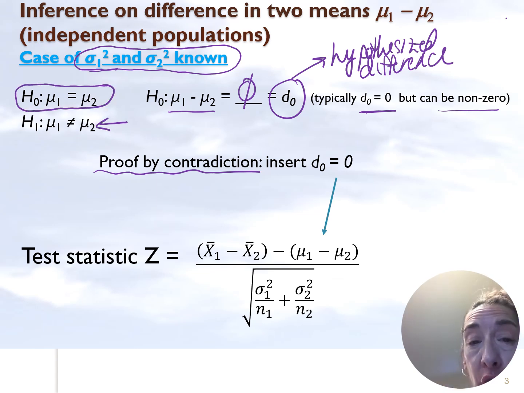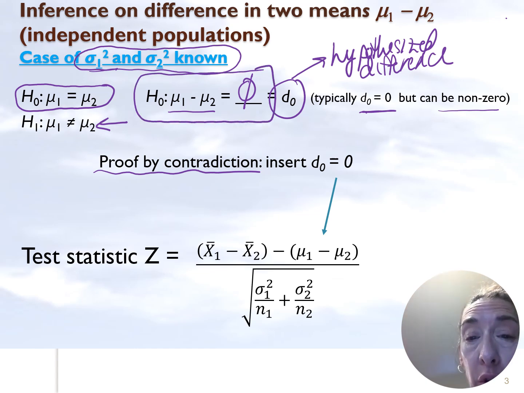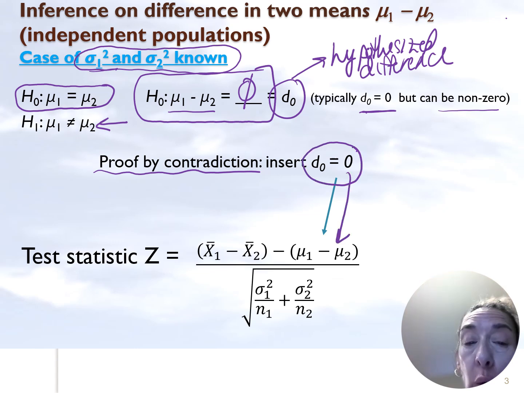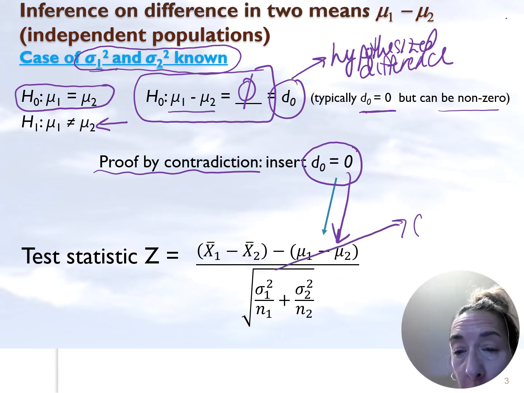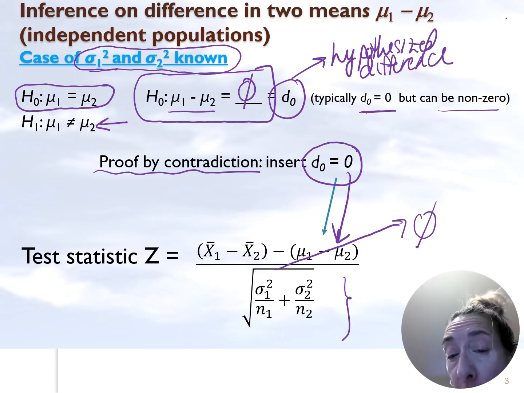Well, if the null is true, there is no difference in mu1 and mu2. So that's why we insert a hypothesized difference of 0 into this test statistic, and when we do, that term vanishes. It goes to 0. But of course, in the denominator, we still have our standard deviation of x1 bar less x2 bar, the square root of sigma 1 squared over n1 plus sigma 2 squared over n2.